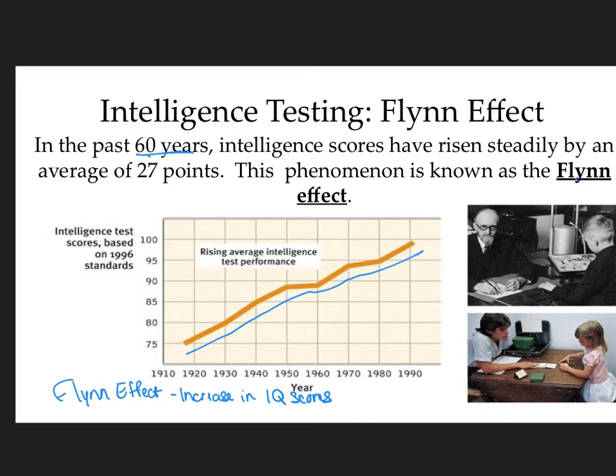Now, this could be just because we have better nutrition, better food, people can have better brain development. Is there something to be said for maybe the way the tests are being conducted? There are a lot of different factors that we may look into, and we don't really know one over the other. Again, it probably has a lot to do with the fact that we are just able to live healthier and longer lives now.